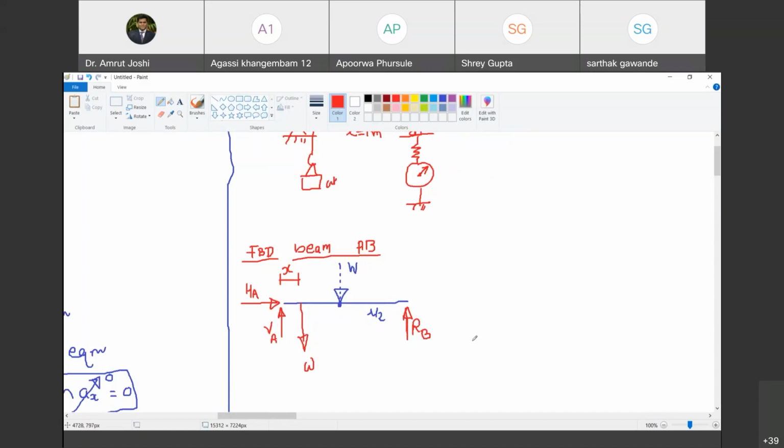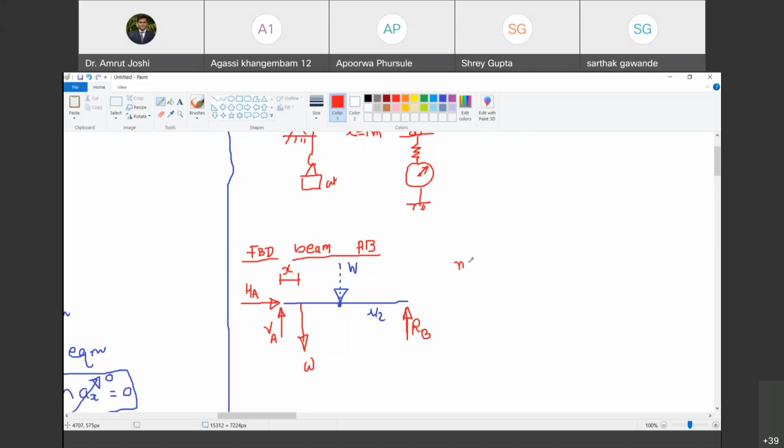Yes, this free body diagram is complete. Now, the question that I am going to ask myself is, what is the RB generated owing to externally applied load and not the self weight? So I am not going to consider RB due to self weight.